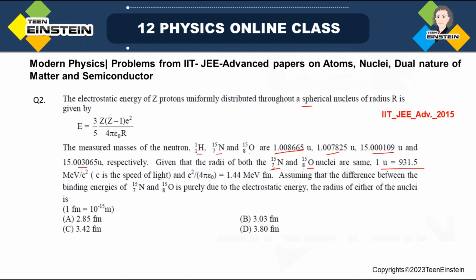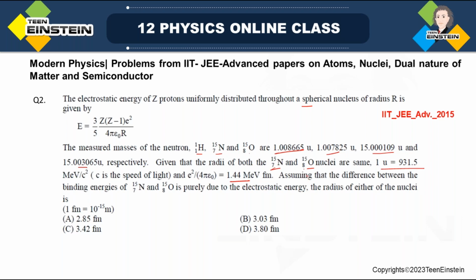So 1 U is 931.5 MeV divided by c square, c is the speed of light, and e square by 4 pi epsilon naught can be taken as 1.44 MeV femtometer.